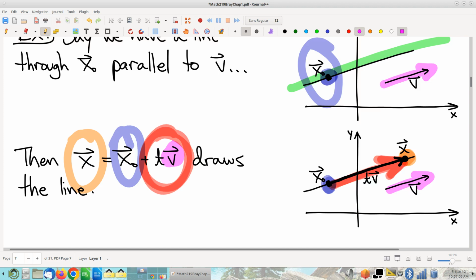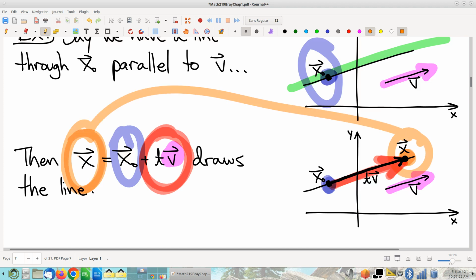So as t grows, you are just dragged along the line. Again, that literally traces out the line. So, as needed, we have position x as a function of t.